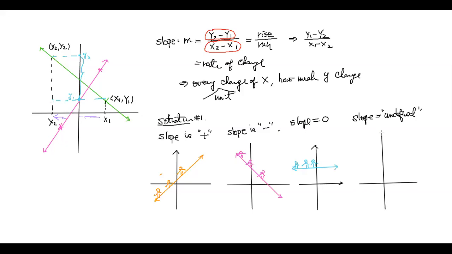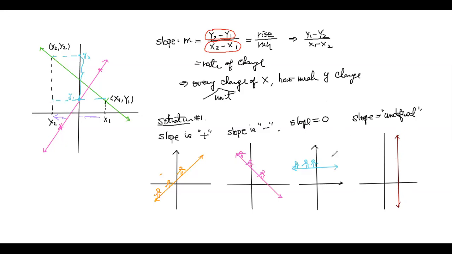It will be something like, let me find a different color here. Your line is going to be like this. So this is the line with undefined slope.